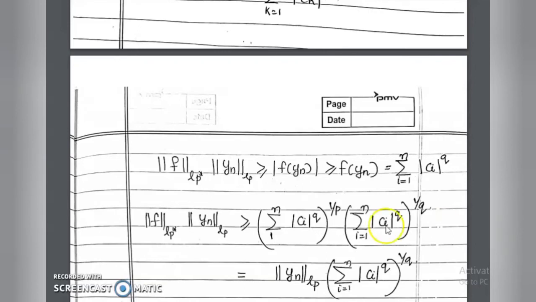Therefore we get ||f||_{LP*} ||yn||_{LP} is greater than or equal to |f(yn)|, and that is greater than or equal to f(yn), which is equal to this one. This is actually whole raised to 1, which you can write as 1/p + 1/q.